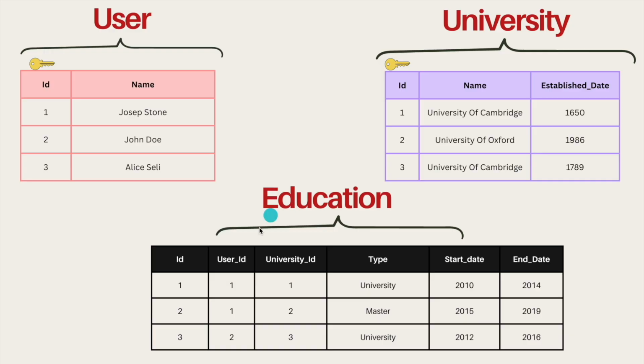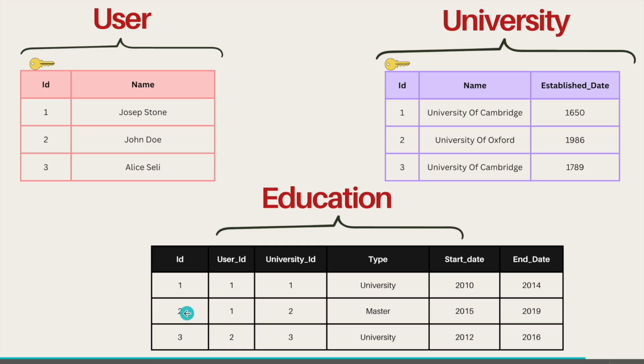Here, this education table carries the user's ID, which comes from the users, and the university ID, which comes from university, and the kind of educational type. It could be university, master, or any kind of education. And the start date and end date represent when the user started the education and when it was done. And that is why, with the three tables, we are keeping very flexible data inside our relational database.